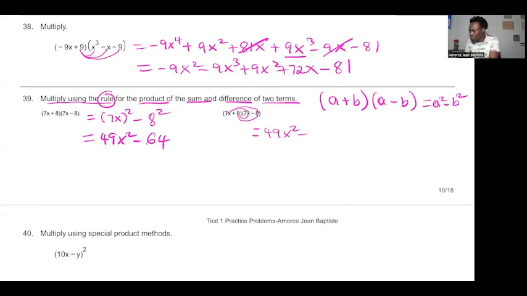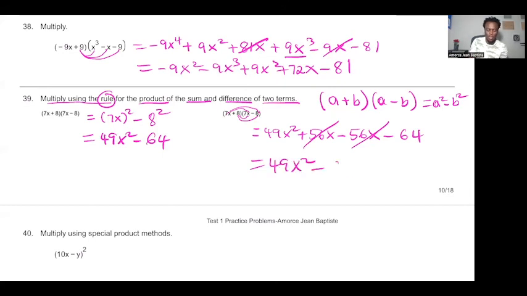Let me do it here. 7 times 8, that's 56. So that's positive 56x, and then another negative 56x, and then negative 64. These cancel each other. That's 49x squared minus 64. So you find the same answer, but more work.